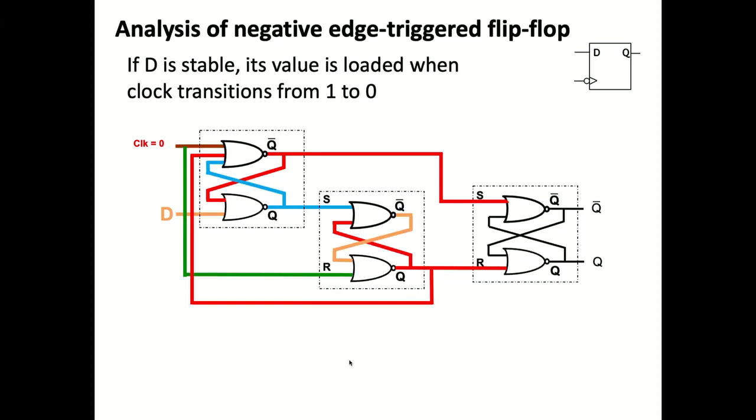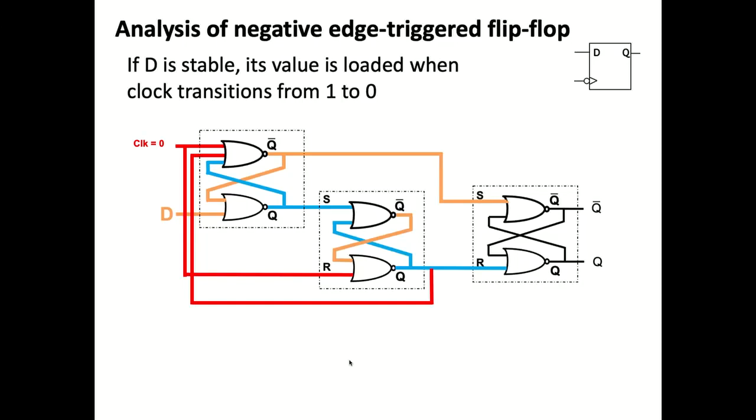I hope. I think we made the clock low. What happened? Okay. Ooh, that S went through. And the blue went through. So when we made the clock go low, we're sending S and R the values of D and D bar. So that last latch is going to take on the value of D.